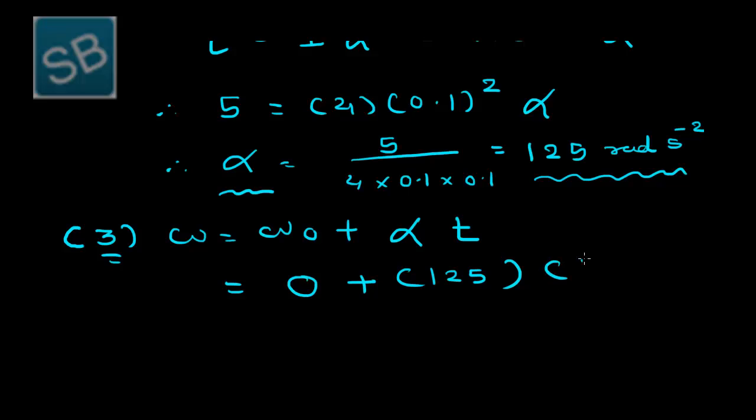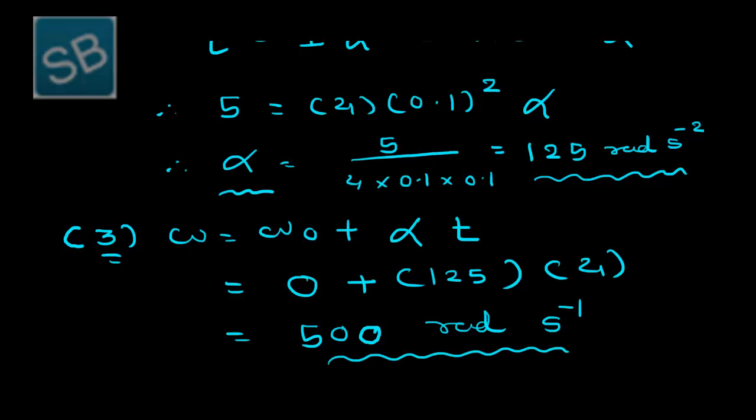So, t is equal to 4, and 125 into 4. So, the answer will be 500 radian per second. You can correct it in your textbook. In your textbook, the answer is given as 5000, but it is wrong. It is only 500 radian per second.